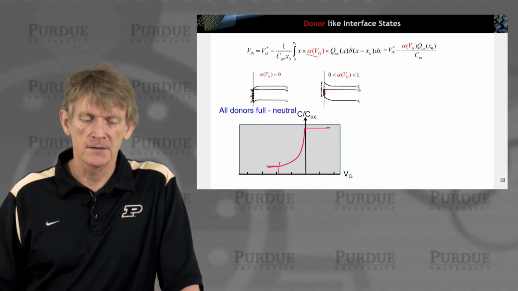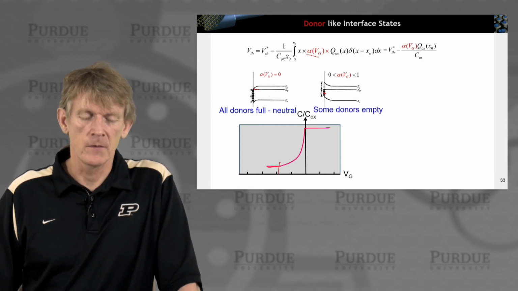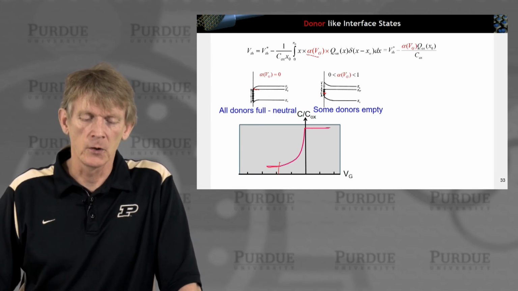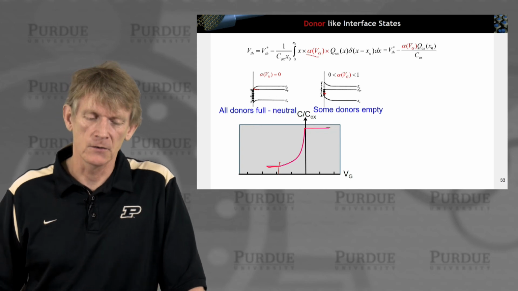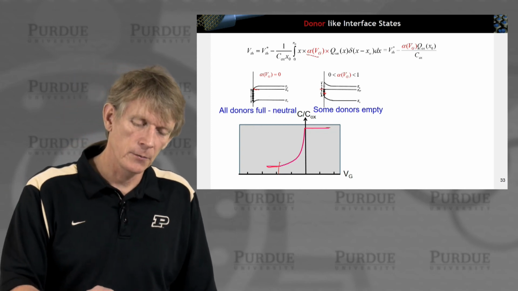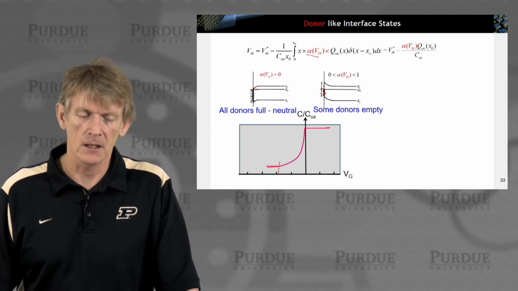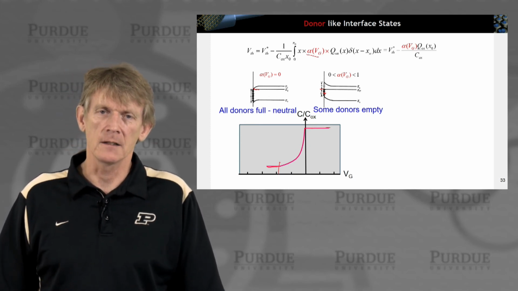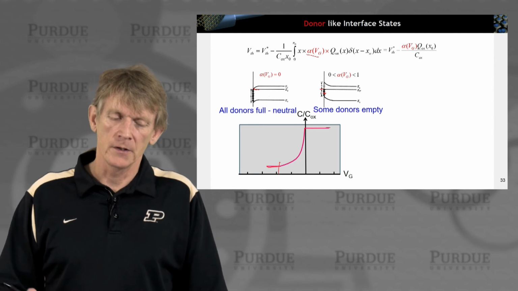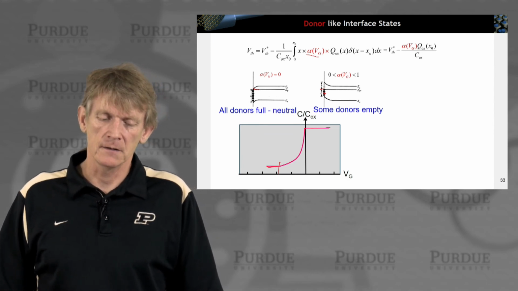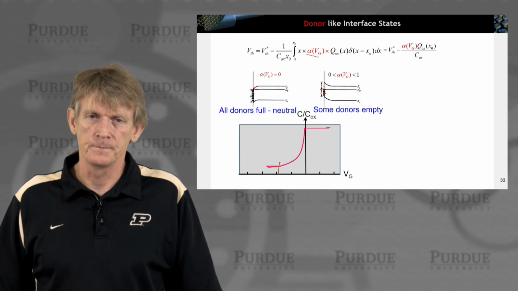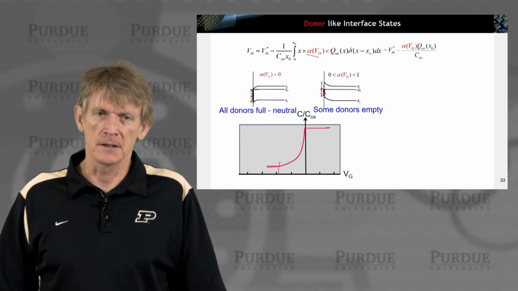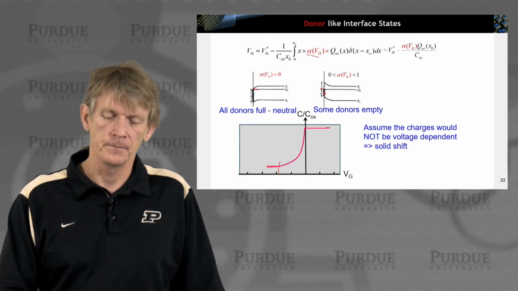So in this sketch, not all the donors are full anymore. Some donors are empty. The donors that are above the Fermi level are empty and they're positively charged. And then again, the donors that are underneath the Fermi level remain neutral. So in that case, this alpha coefficient is somewhere between 0 and 1. That is the correction for the trapped charges at the interface.